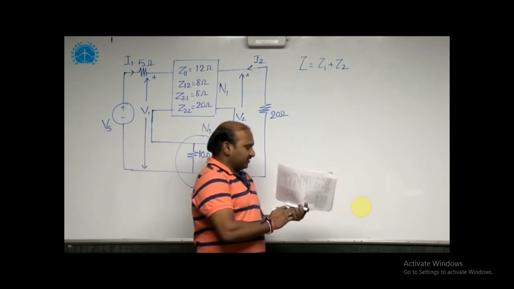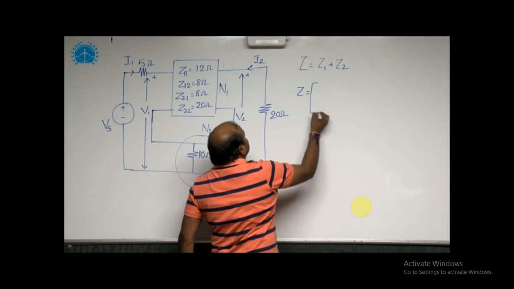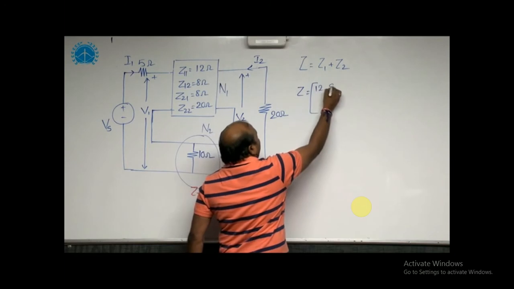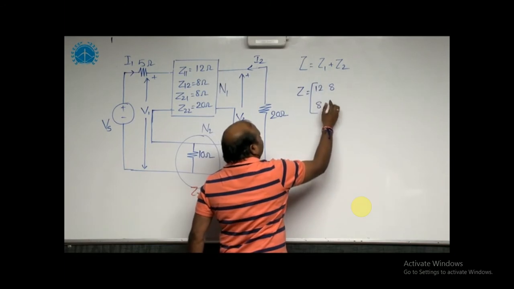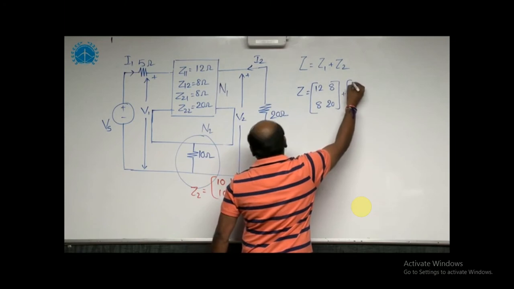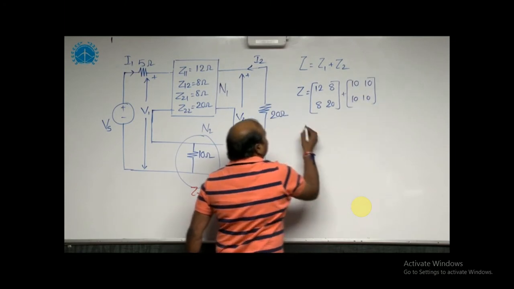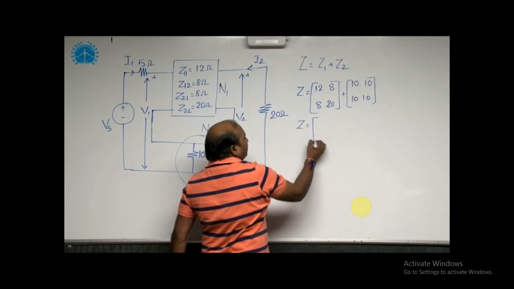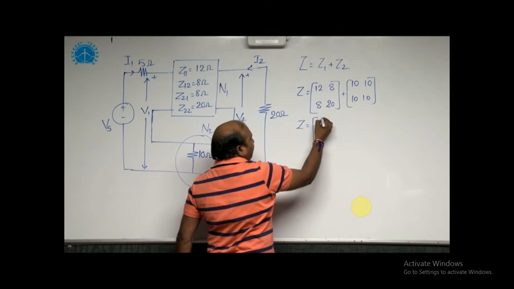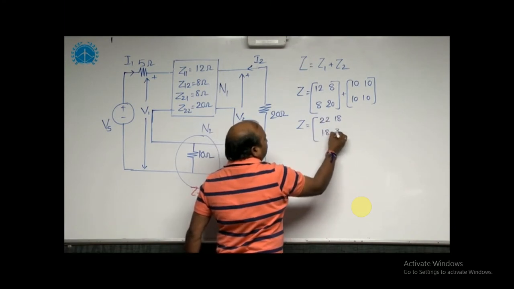Total network Z parameters I can take here 12, 8, 8 and 20, and the shunt element Z parameters 10, 10. Once you add the entire network Z parameter matrices, you will get 22, 18, 18 and 30.